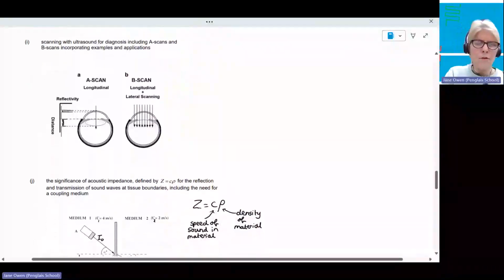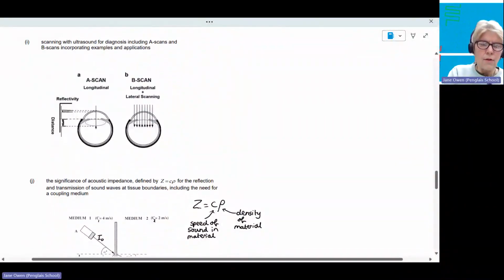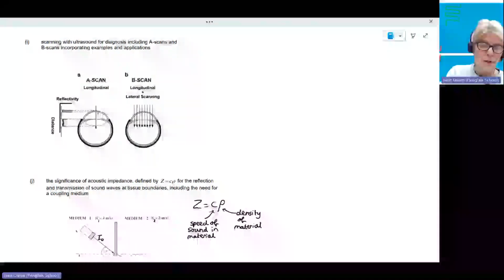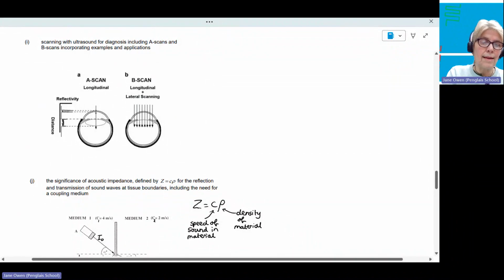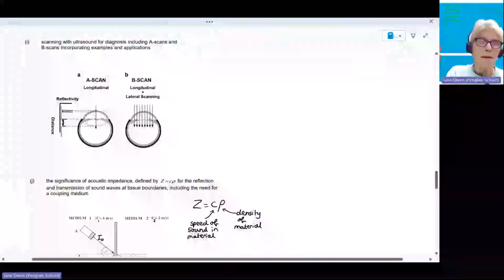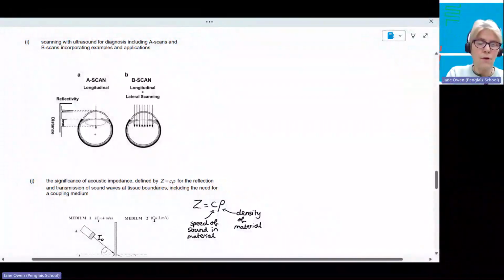And we can produce different scans. So you can produce an A scan where there is just literally one dimension, and we can determine the difference in density between the different boundaries of tissue.